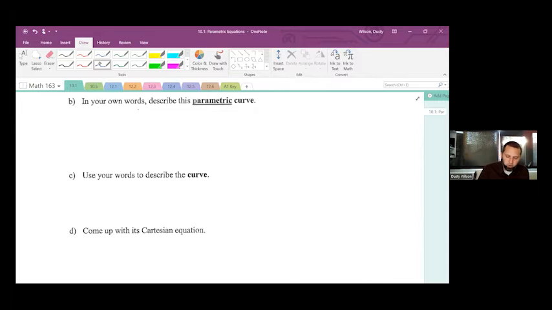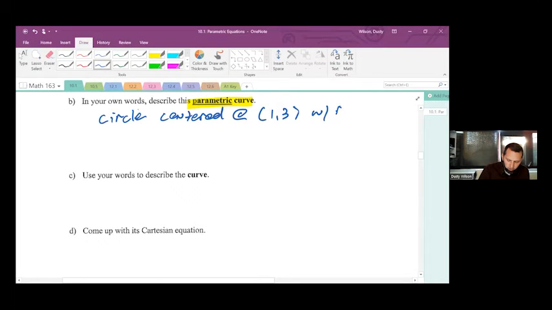So in our own words, we want to describe the parametric curve, and the emphasis is on parametric here. And so this is a circle centered at 1, 3 with radius 2. But then we have to talk about the parametric side of it.